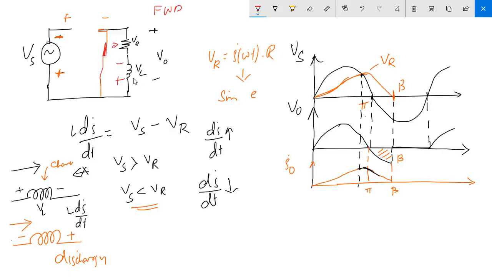The voltage is shorted, V naught is 0. So the output voltage from pi to beta will be 0.